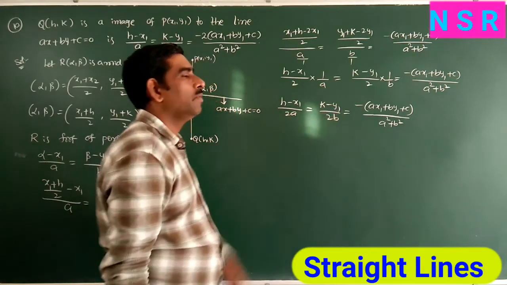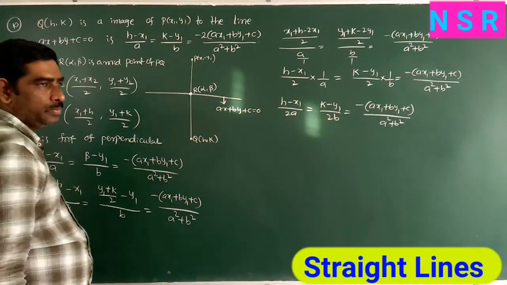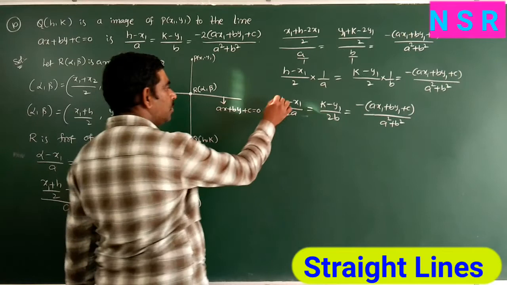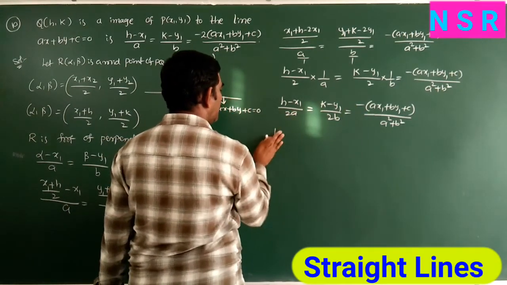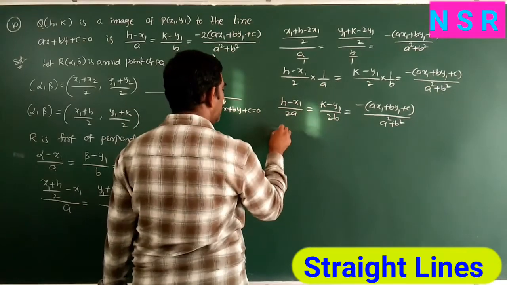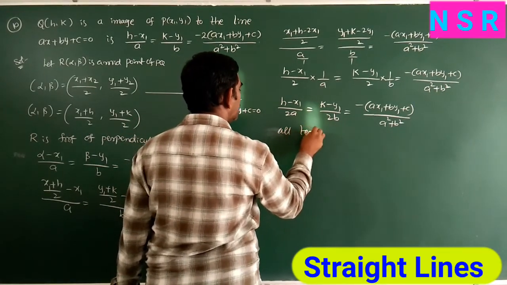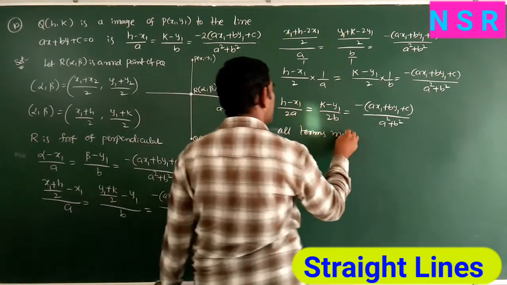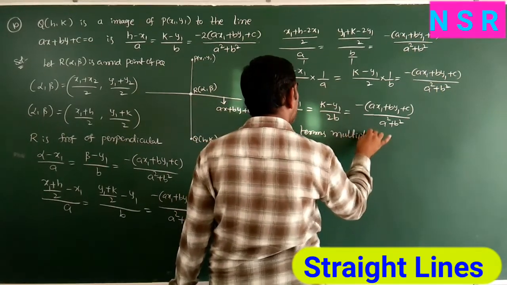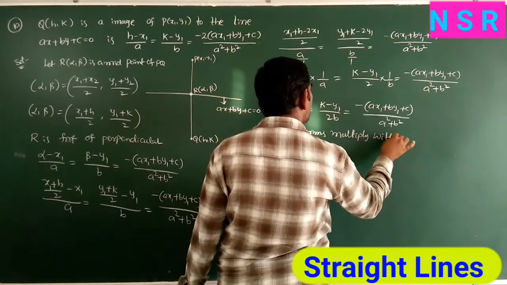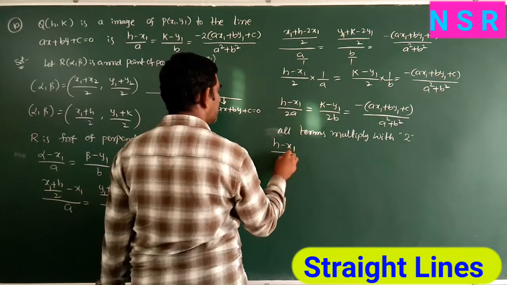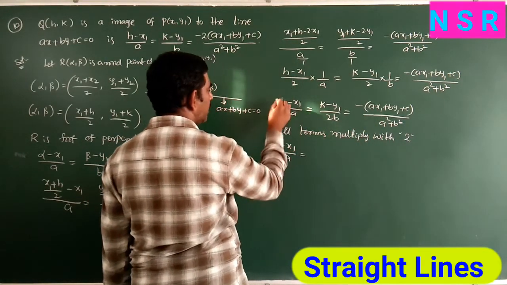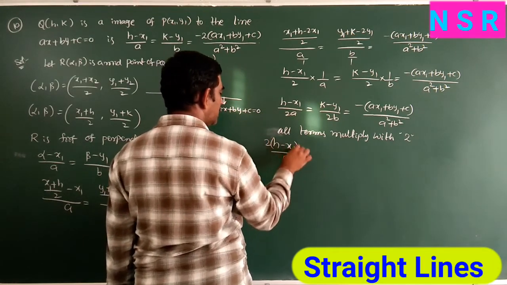So multiply these three values with 2. If multiplied with 2, here the 2 gets cancelled and here we get 2. Now write all terms multiplied with 2. So we get h minus x1 by a; the 2 gets cancelled because here 2 is multiplied.